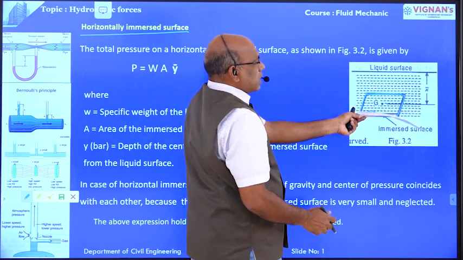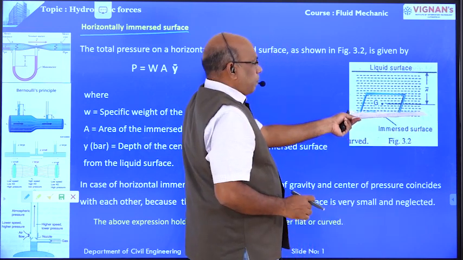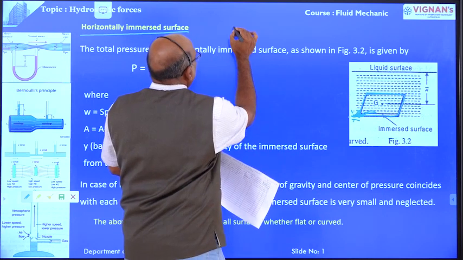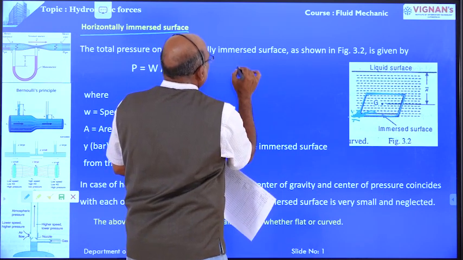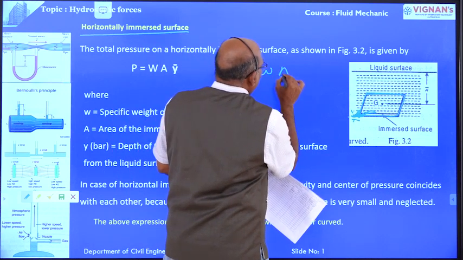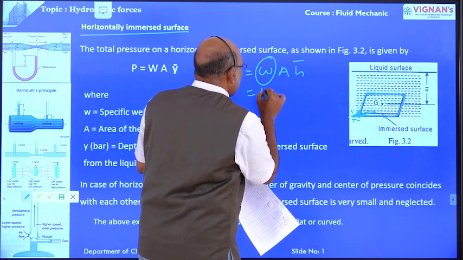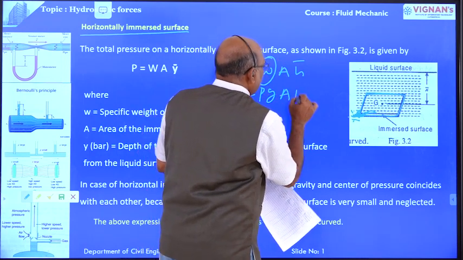If this is immersed in static fluid, what is the total pressure? What is the center of pressure? Total pressure force equals W A H bar. W is the unit weight of water, or this is also rho g into A into H bar.